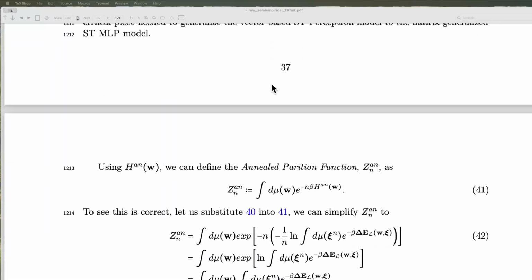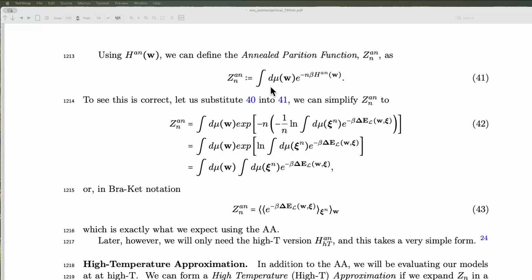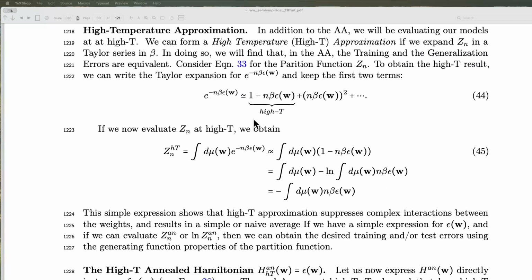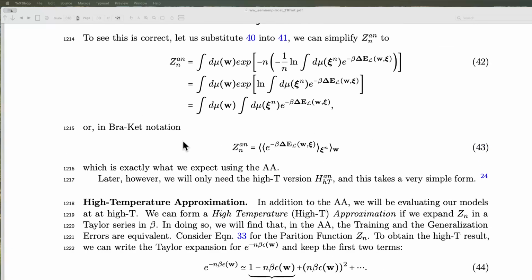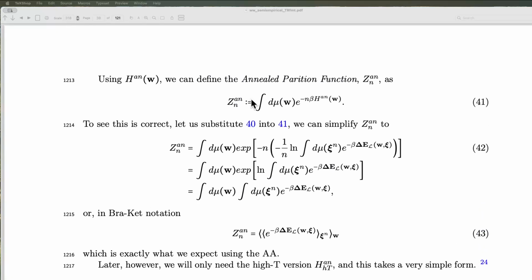So anyway, in the paper I tried to break up the idea between the annealed Hamiltonian, and I think this should be Z. I think we're evaluating this object on line 1223, so that really should be ZANHT. I dropped this little subscript.